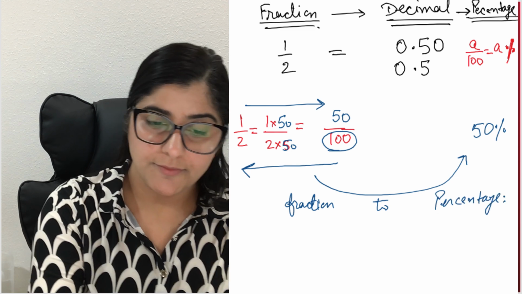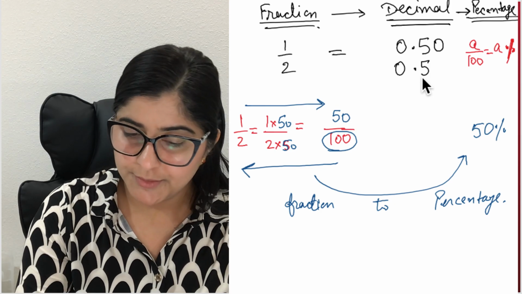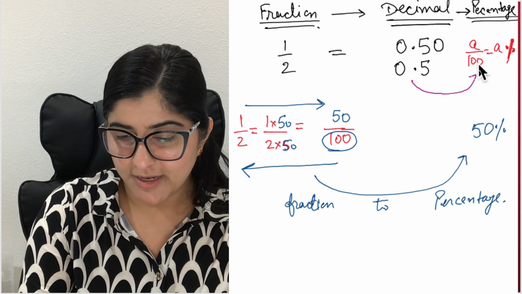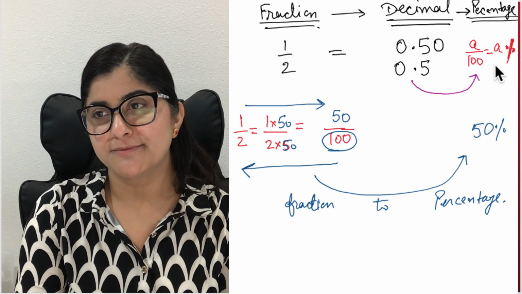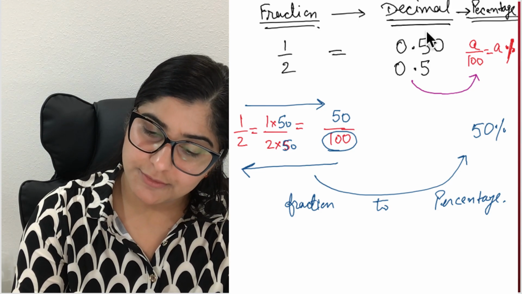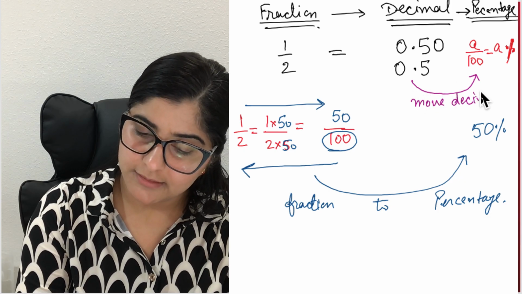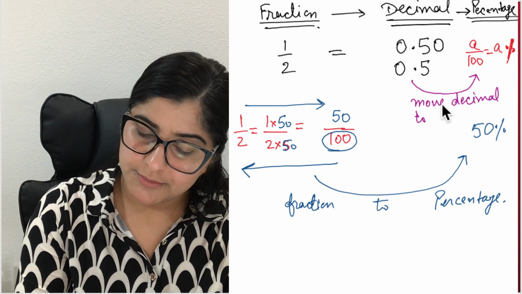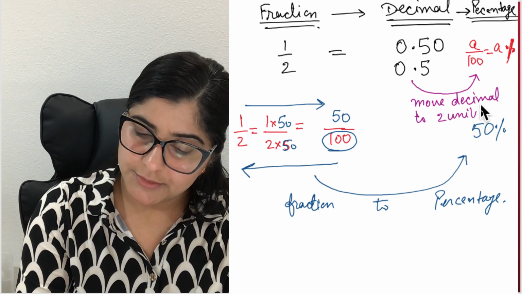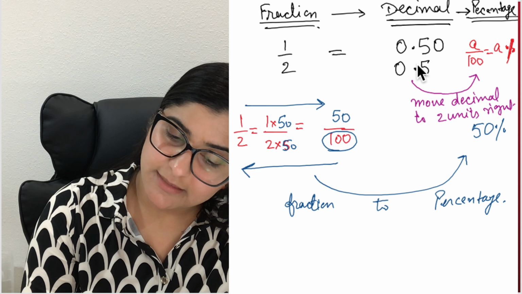Okay, now if you have to write a decimal as a percent, what do we do in this direction? Going from decimal to percentage is very simple. You just move the decimal point 2 units to the right. Here the decimal point is here.